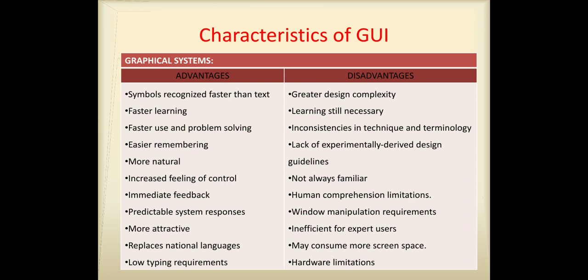Where graphical design limitations exist, direct manipulation systems can easily be augmented with text displays, whereas the reverse is not true. And it requires little typing, that is, pointing and selection controls such as the mouse and trackball eliminate the need for typing skills.